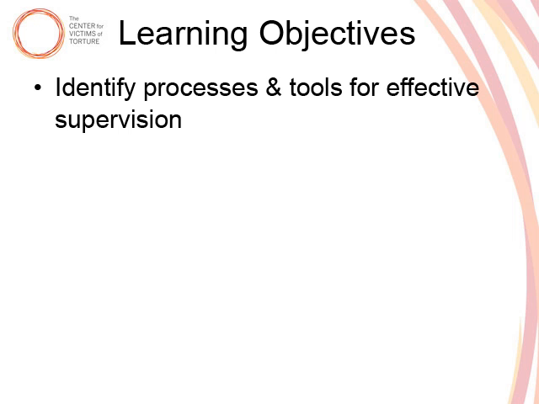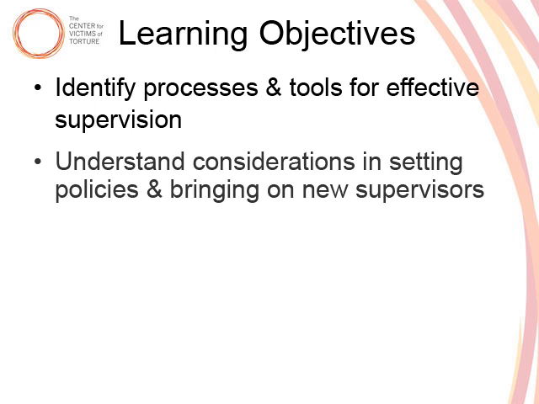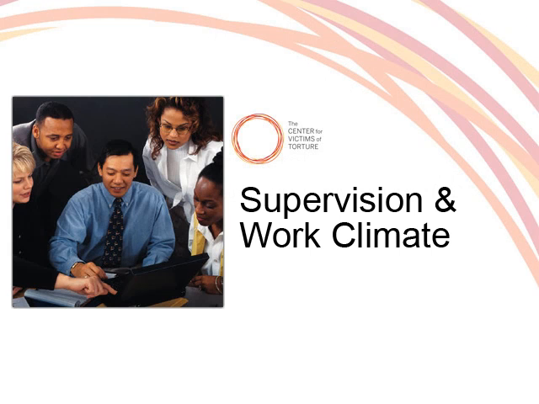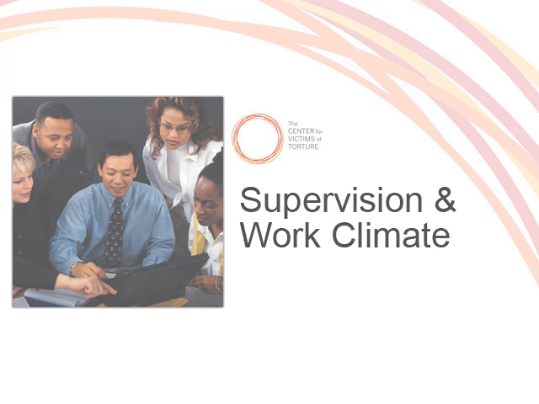Identify specific processes and tools supervisors can use to supervise effectively. Understand key considerations involved in setting policies and bringing on new supervisors. We will begin by reviewing the concept of supervision and how it relates to work climate.